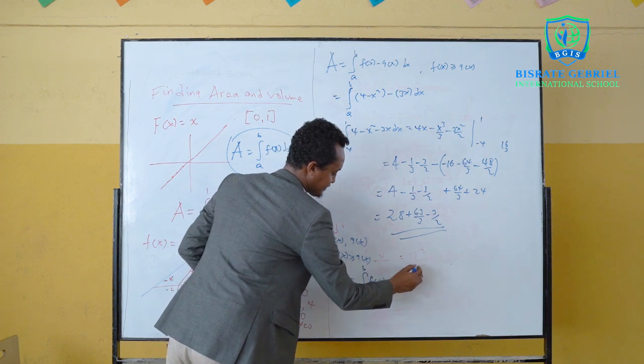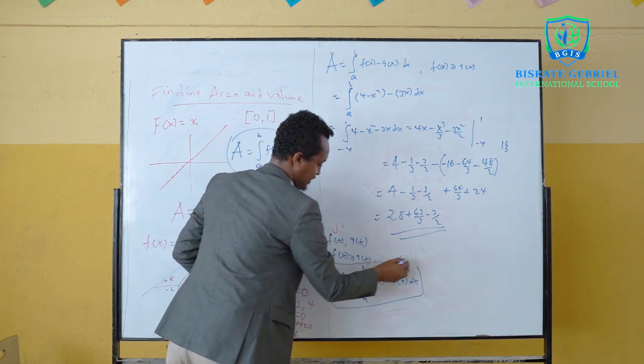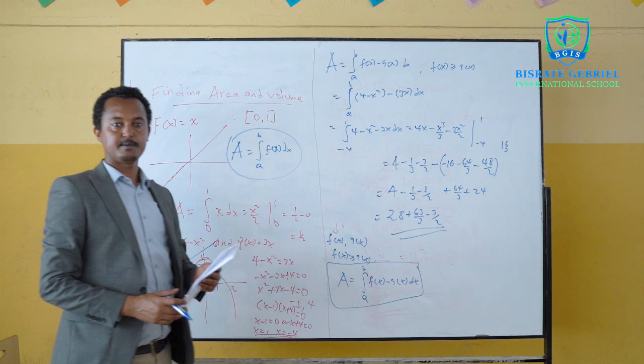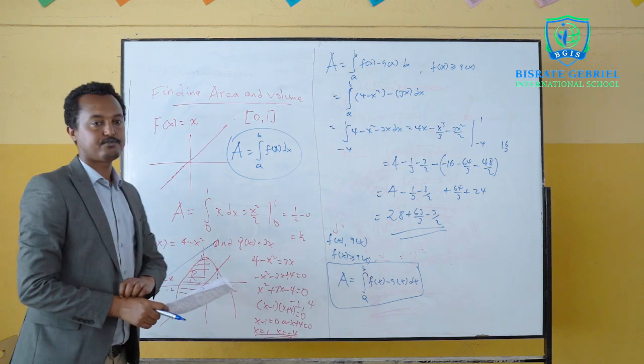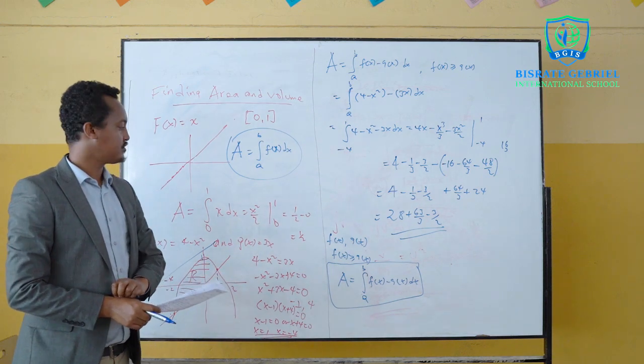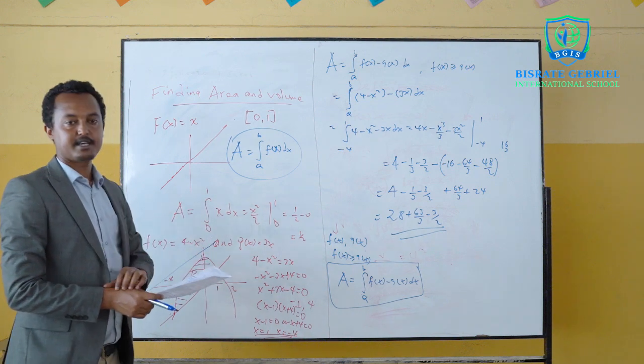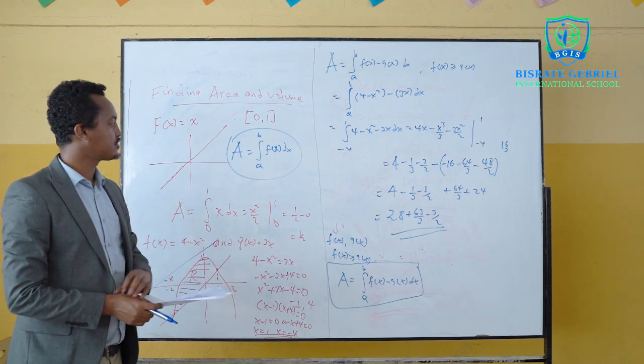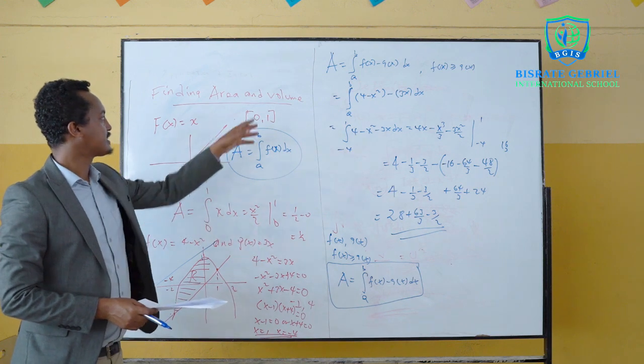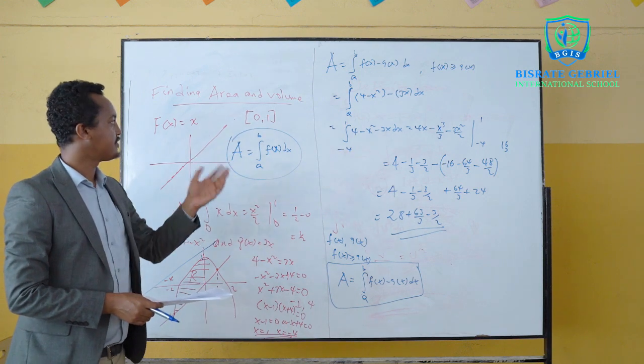That is a simple explanation of finding the area of an enclosed region, so take some exercises. There are different exercises in the book, so practice from those books and just apply these rules. Next time we'll see volume and we'll finish that integration.